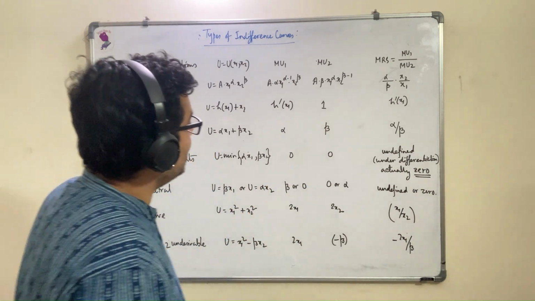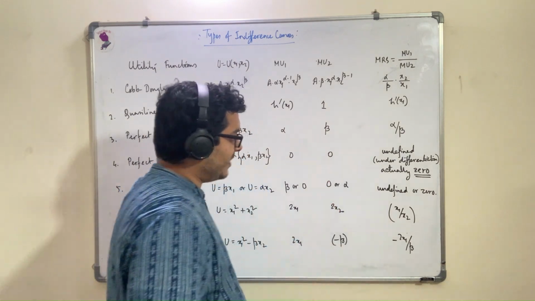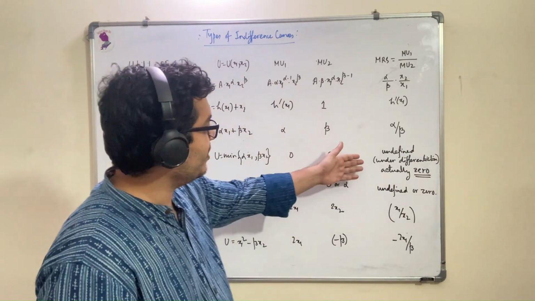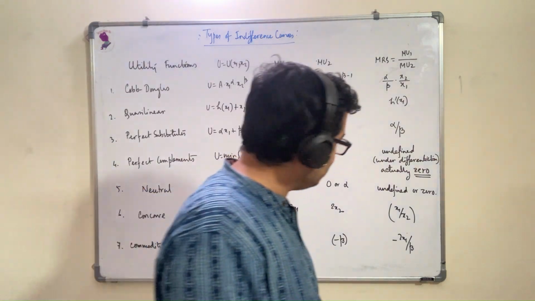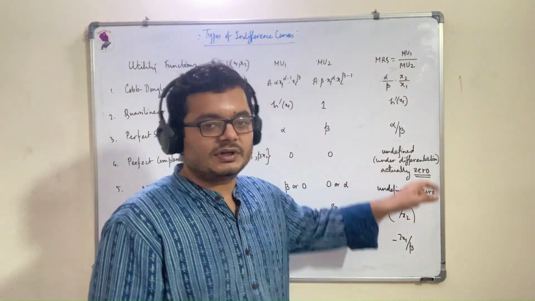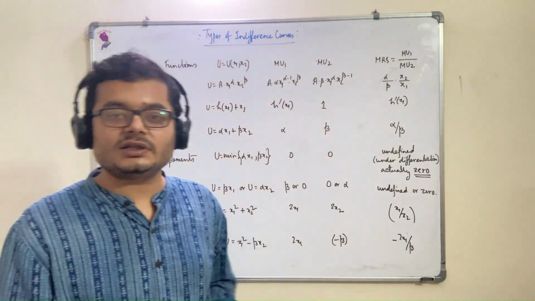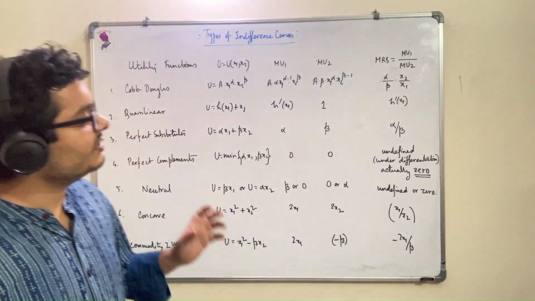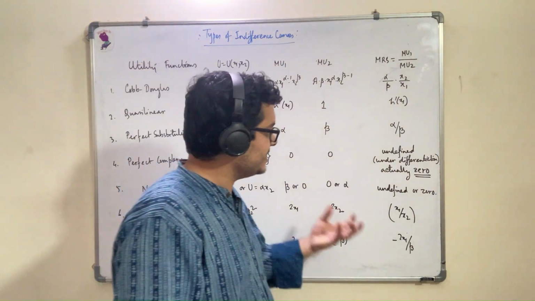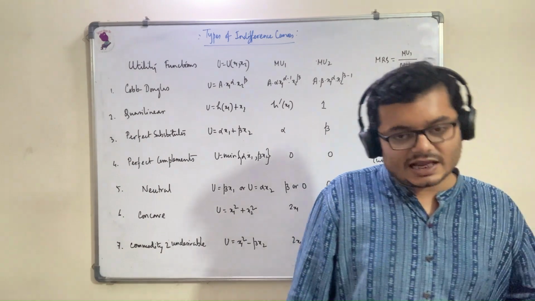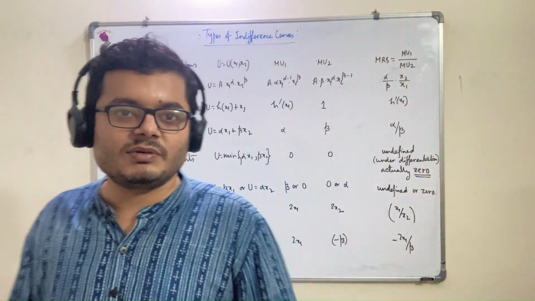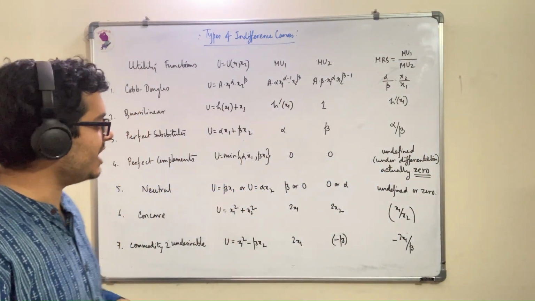Alright, like that. In those two we have written undefined. For complements it is undefined only if you think of differentiation, because a kink point is non-differentiable. But if we go by the preferences, which is the actual, then it is actually 0 because it is complement. So there is no idea of substitution at all.